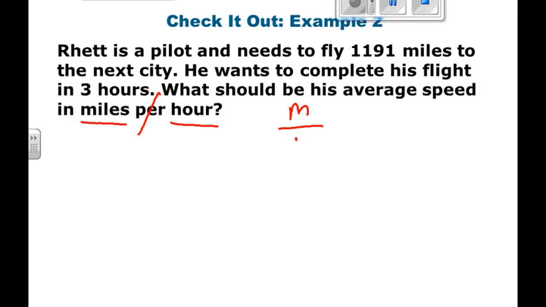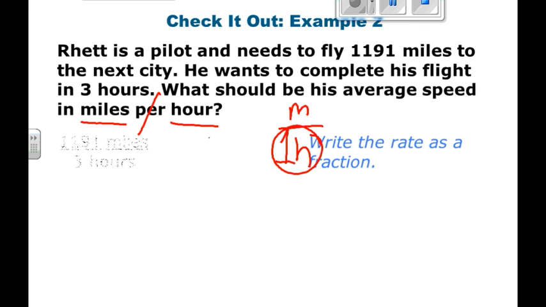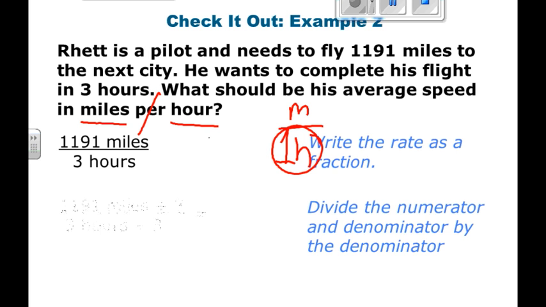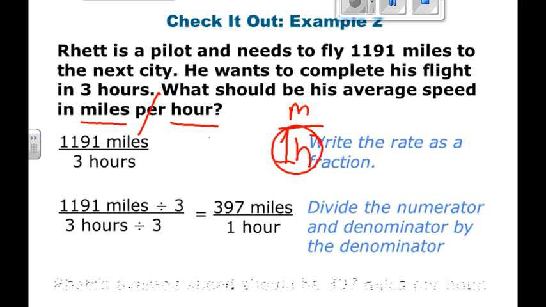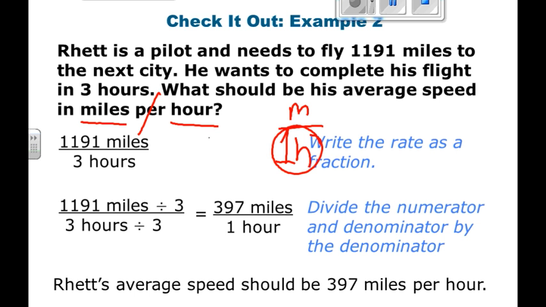So we're going to put the 1 hour on the bottom and the miles on top. So we're going to write this as a rate comparing miles to hours. In order to get that 3 to a 1, like a unit rate always has, we're going to divide both the numerator and the denominator by 3. And we get 397 miles. In order to complete his flight in 3 hours, he has to average 397 miles per hour.